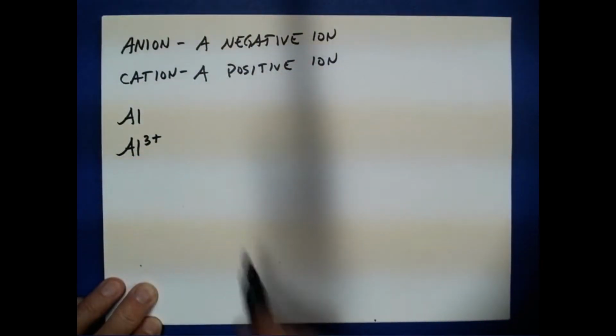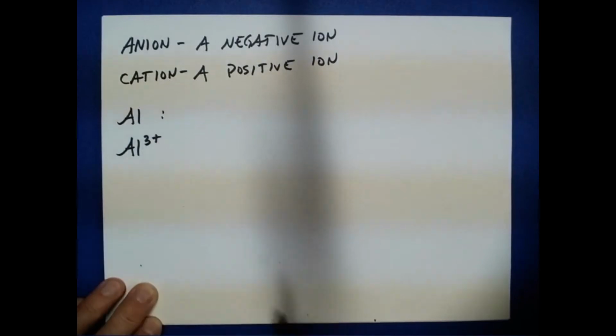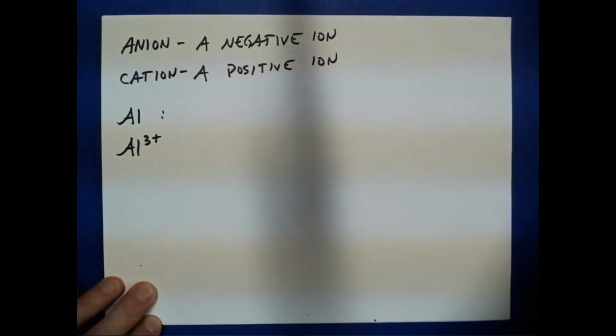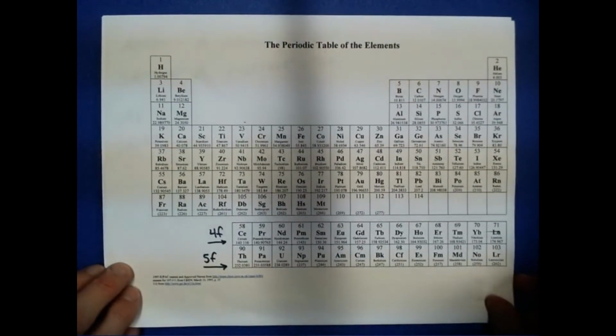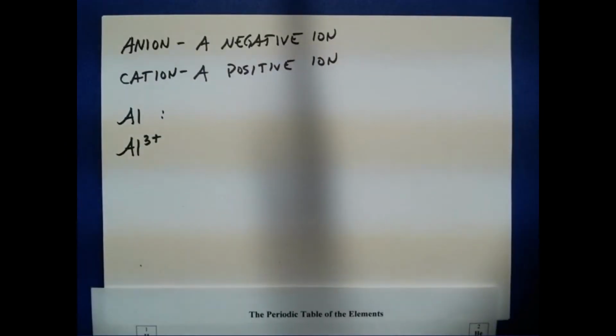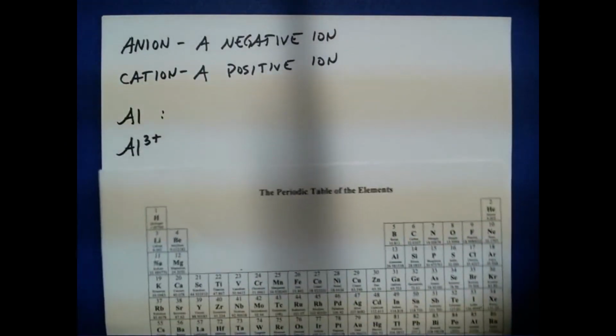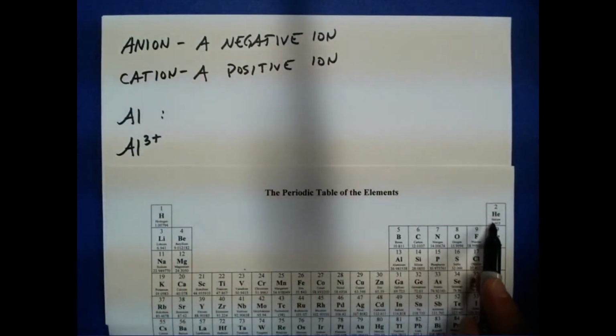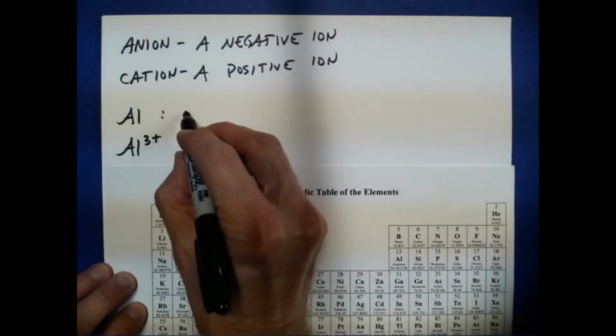3+. So for aluminum metal, look at its position on the periodic table here, and you can see we're going to need to put in 13 electrons. So we're going to start here in the 1s, following the periodic table.